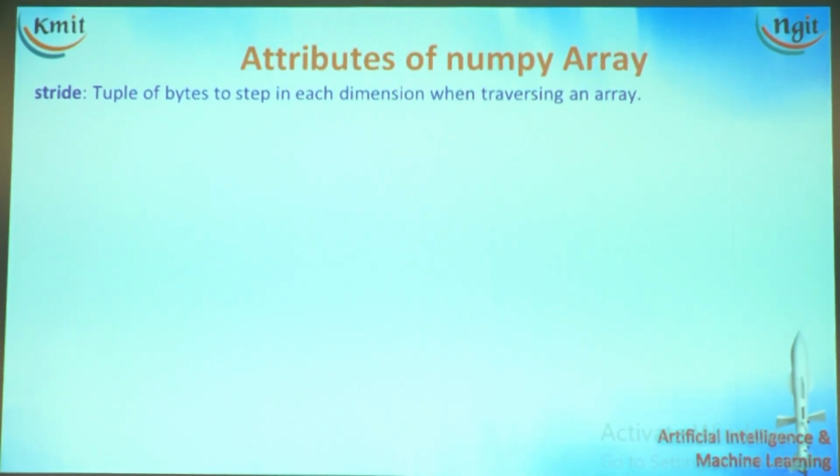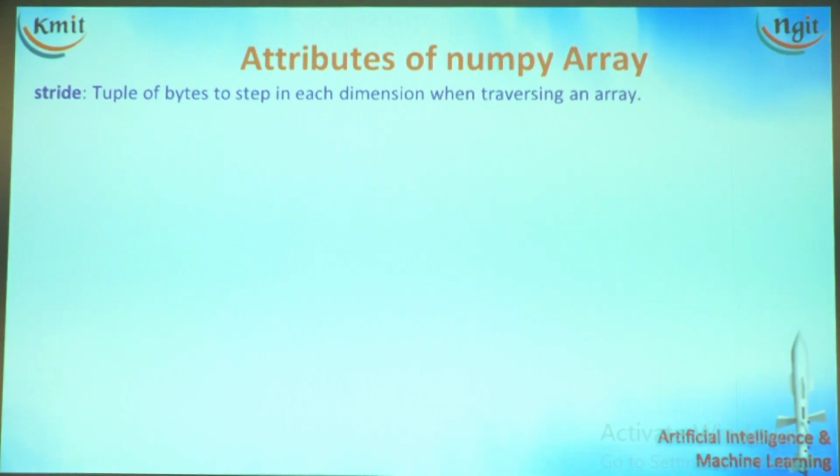Now coming to the interesting part. We are going to now deal with an attribute which we call as a stride. Any of you? What is a stride? Don't read that and tell me. What is stride? So stride is actually the tuple of bytes to step in each dimension while traversing an array.